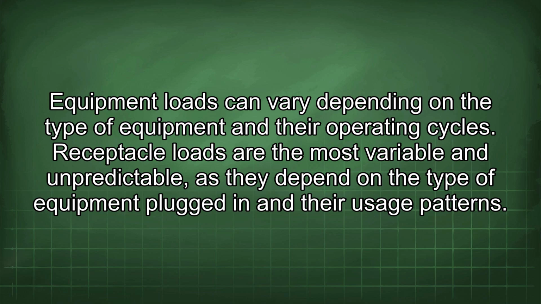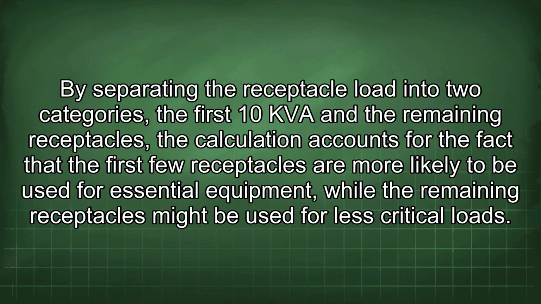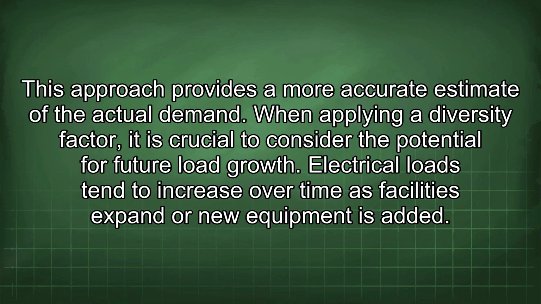Receptacle loads are the most variable and unpredictable, as they depend on the type of equipment plugged in and their usage patterns. By separating the receptacle load into two categories, the first 10 kVA and the remaining receptacles, the calculation accounts for the fact that the first few receptacles are more likely to be used for essential equipment, while the remaining receptacles might be used for less critical loads. This approach provides a more accurate estimate of the actual demand.